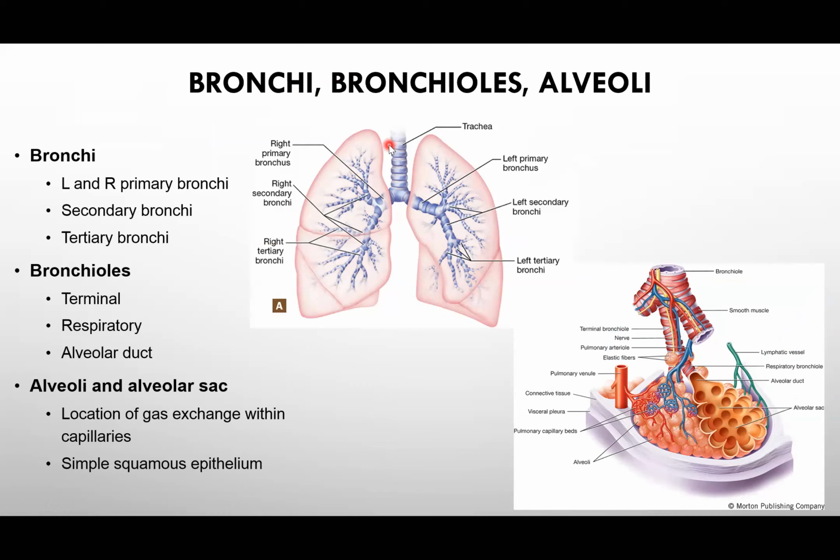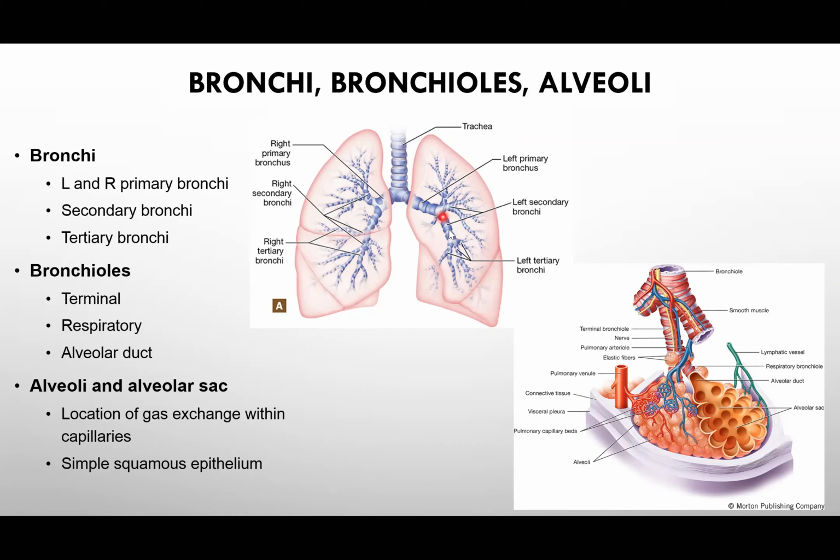As we send air down the trachea, it's going to split into a left primary bronchus and a right primary bronchus. Then each of those primary bronchi are going to split again, and that is where we form our secondary bronchi.